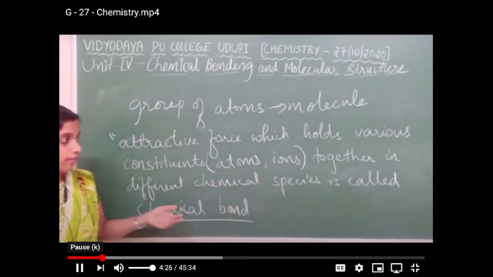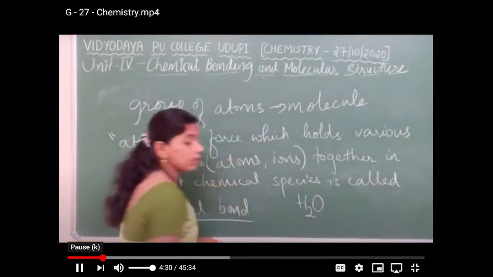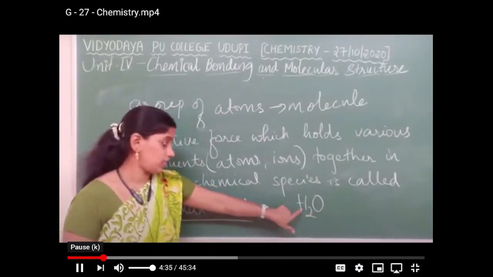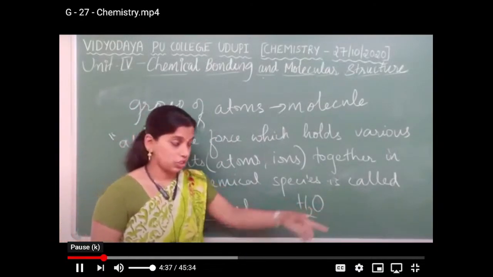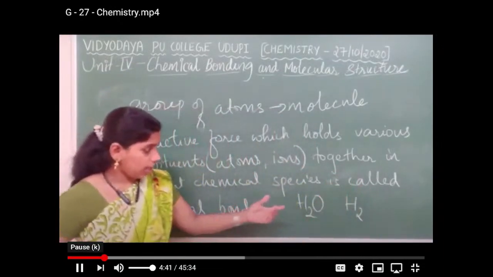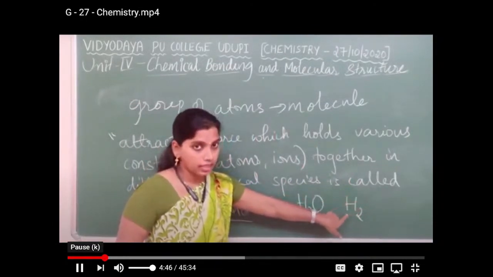As I said in the examples, if you take the water molecule, here there are two different atoms, one is hydrogen, another is oxygen. Or if you take the H2 molecule, both are hydrogen atoms.